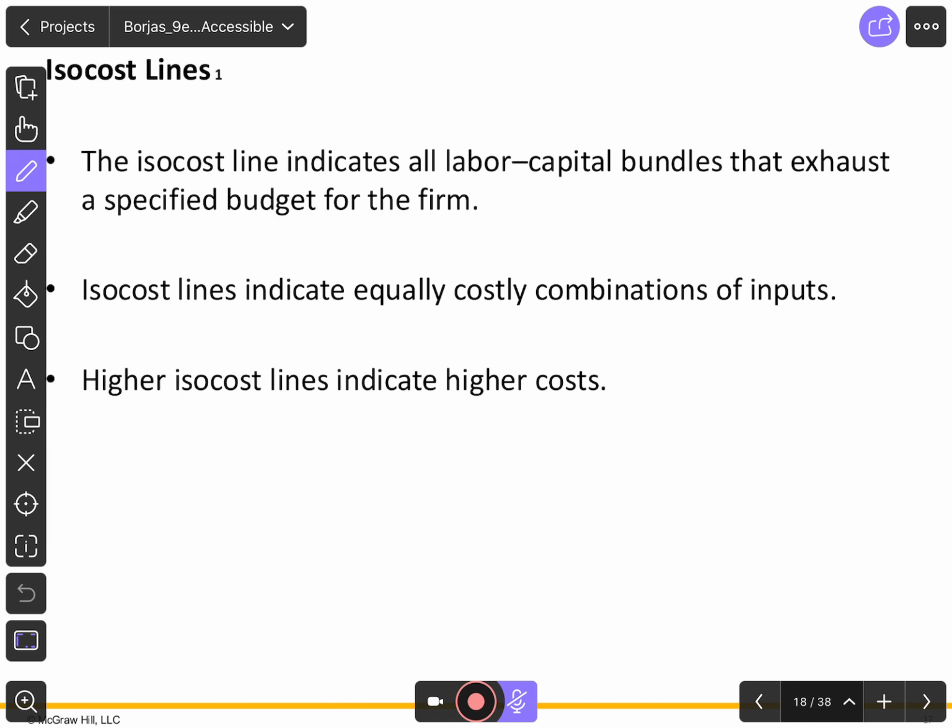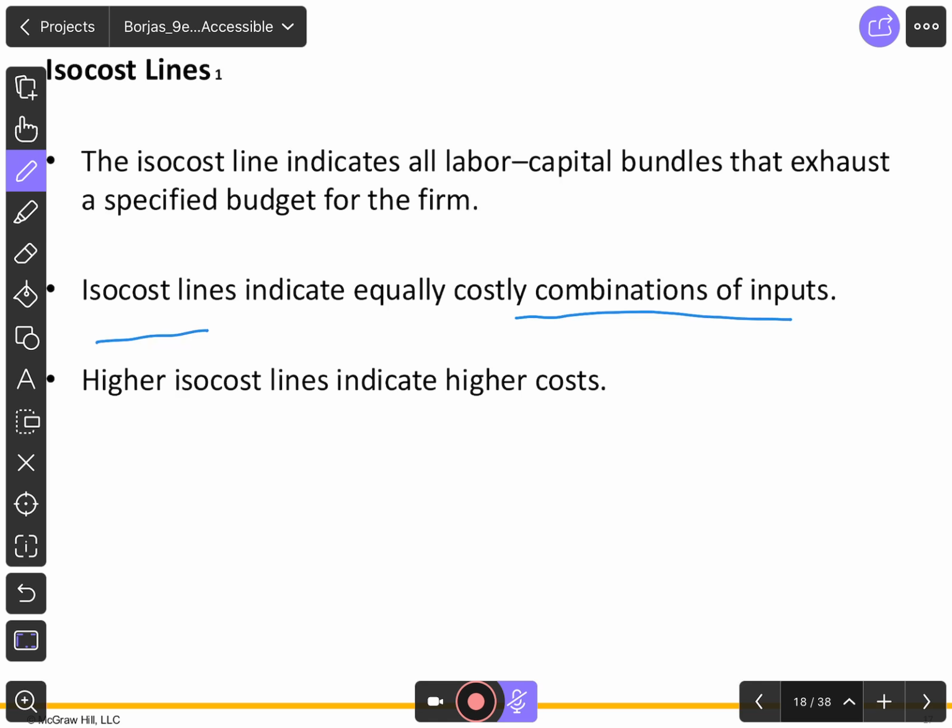Iso-cost is equivalent to the budget line for the consumer or the workers in our previous chapter. So we are talking about iso-cost lines that give us different combinations of the two resources that we have, labor and capital, that would give us the same level of cost.